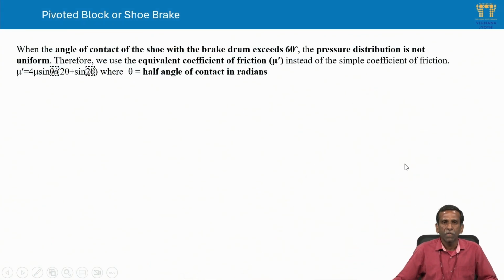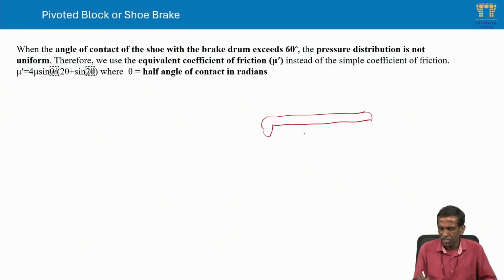Coming to the pivoted block or shoe brake, we know that an ordinary shoe brake is rigidly attached to the lever. That is, in my previous lecture also we have seen analysis of this. Rigidly attached to the lever, and lever fulcrum and all other details, radius of the brake drum.